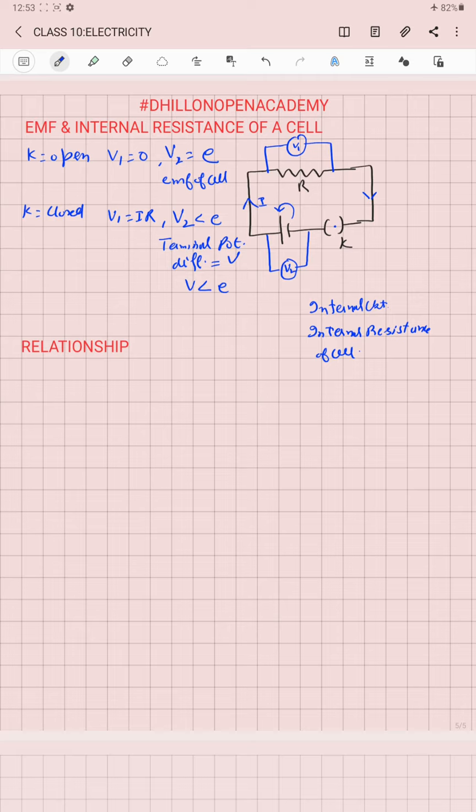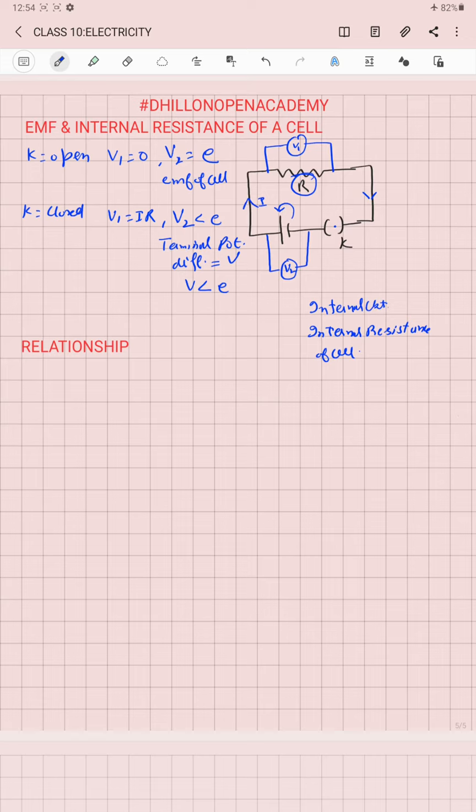This means that if the internal and external circuit are present in series, this also leads to an important result that the circuit also contains two resistances. One is the external resistance capital R, which we have connected from the outside, and the second is the internal resistance which is present in the electrolyte of the cell.